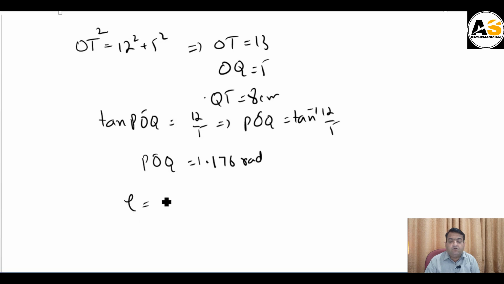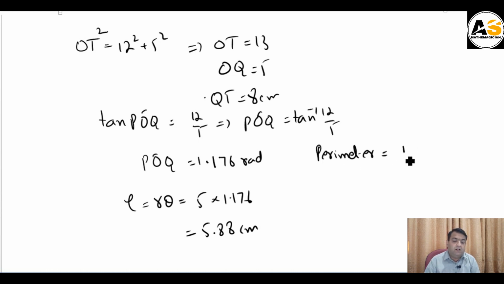And arc length is equal to r theta. R is 5 and theta is 1.176, which will give you the arc length 5.88 centimeter. And perimeter of the shaded region will be 12 plus 8 plus 5.88, 25.88.